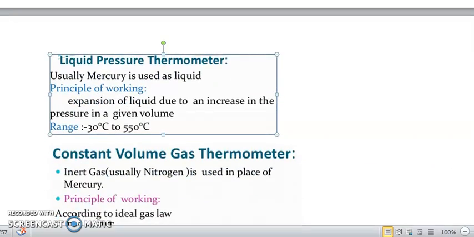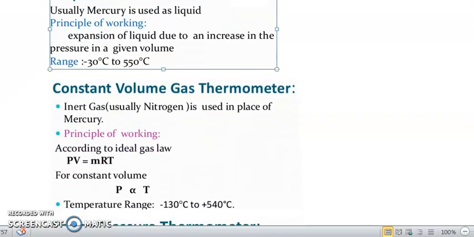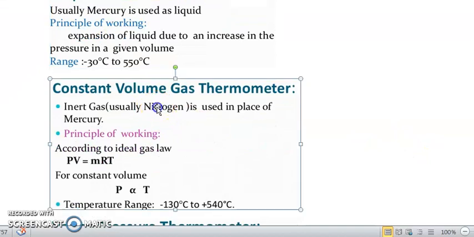Then next is the constant volume gas thermometer. In a constant volume gas thermometer, an inert gas, usually nitrogen, is placed in place of mercury. It is based on the ideal gas law, PV equals mRT. m is constant, R is constant.